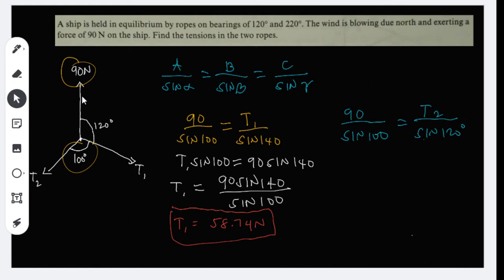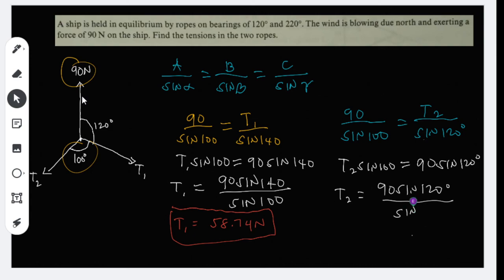Now, cross multiply, same process. You will arrive with T sub 2 sine 100 equal to 90 sine 120 degrees. With that, T sub 2 is equal to 90 sine 120 degrees all over sine 100 degrees.